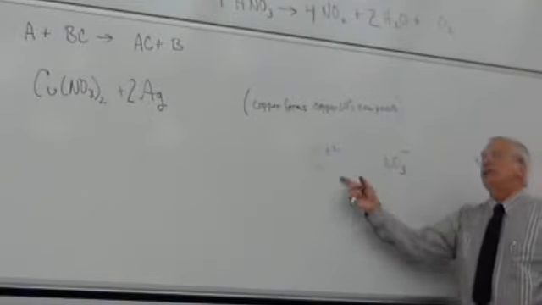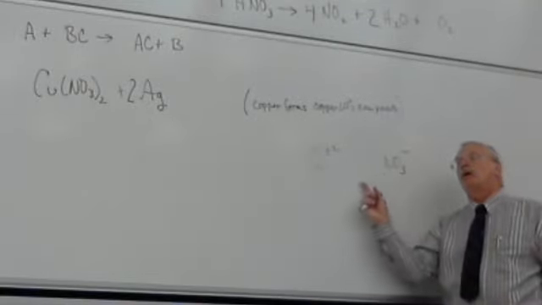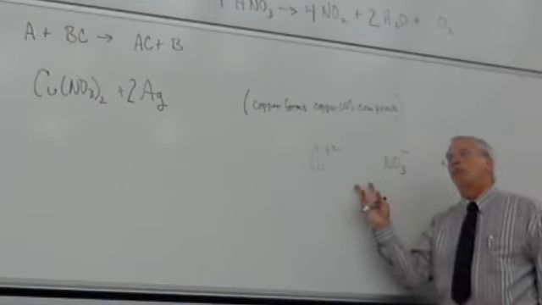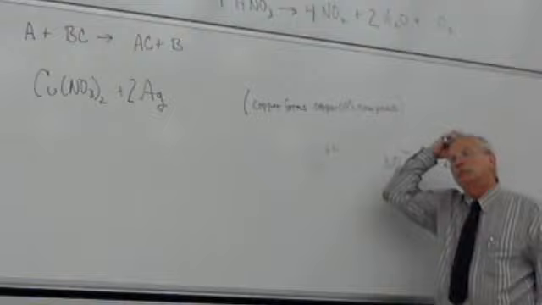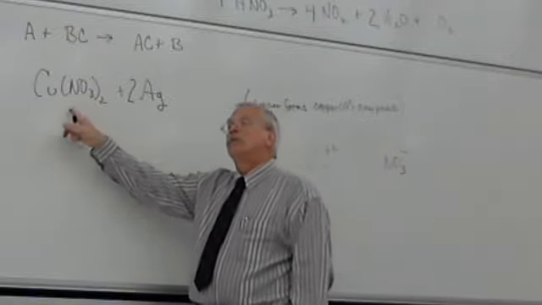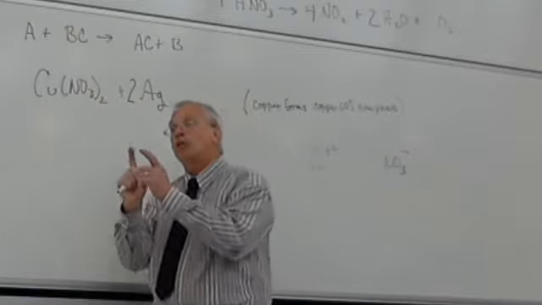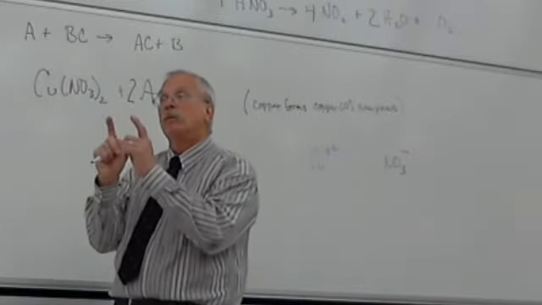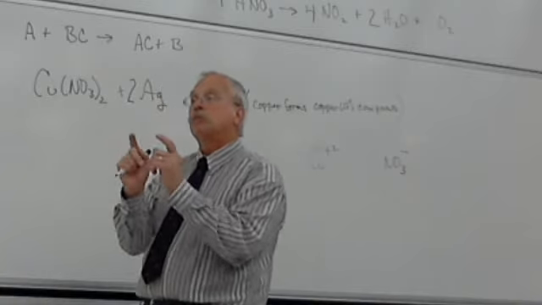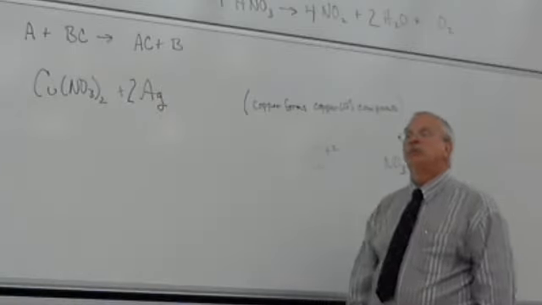So I want to combine these together into a neutral chemical compound. What formula will I write so that they represent a neutral chemical compound? It's going to be this. And remember, my first job is to write those correct chemical formulas. Second job is to balance.